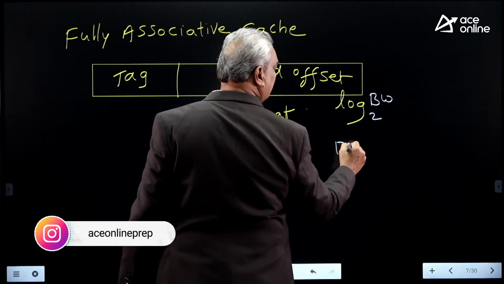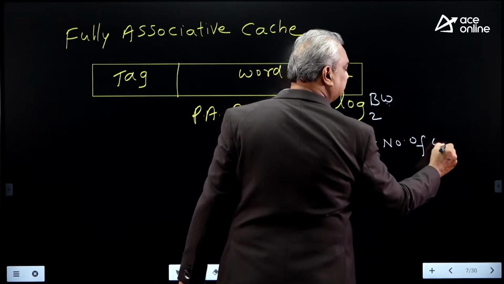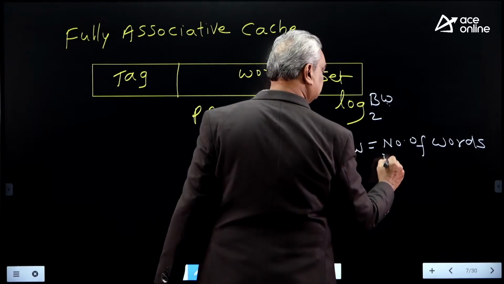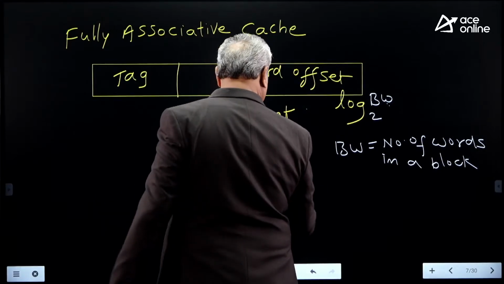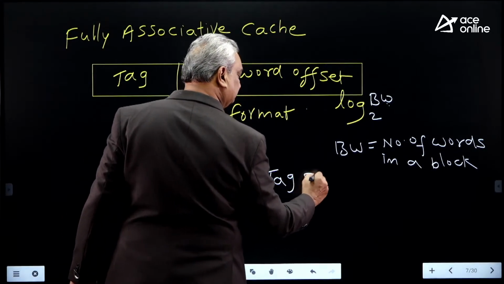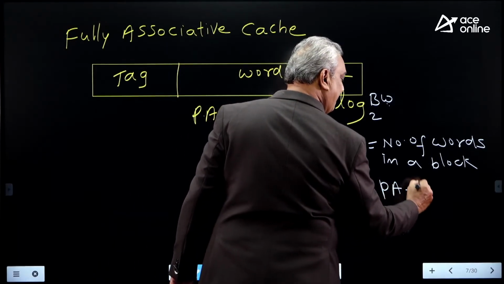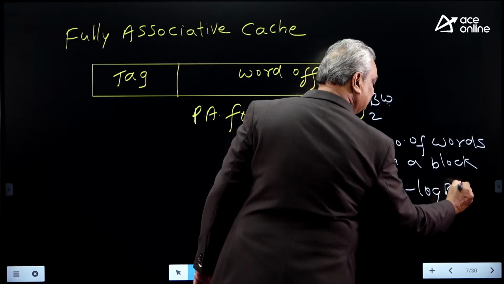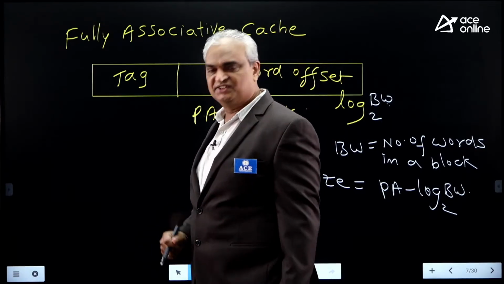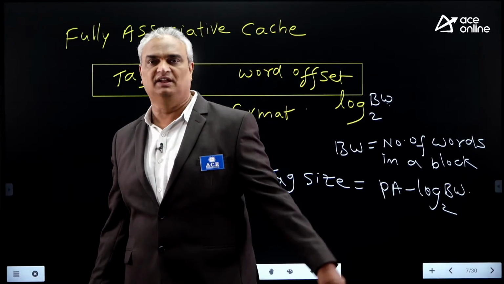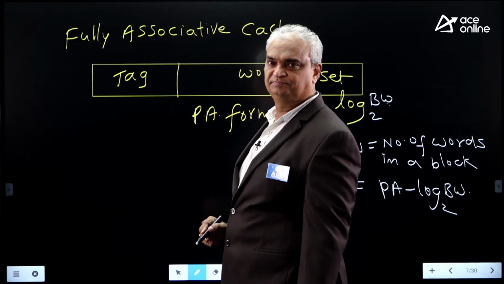What is BW? The number of words in a block. How do you find the tag size? The tag size is PA minus log BW with base 2. In this, the set offset field is not required in a fully associative mapped cache.